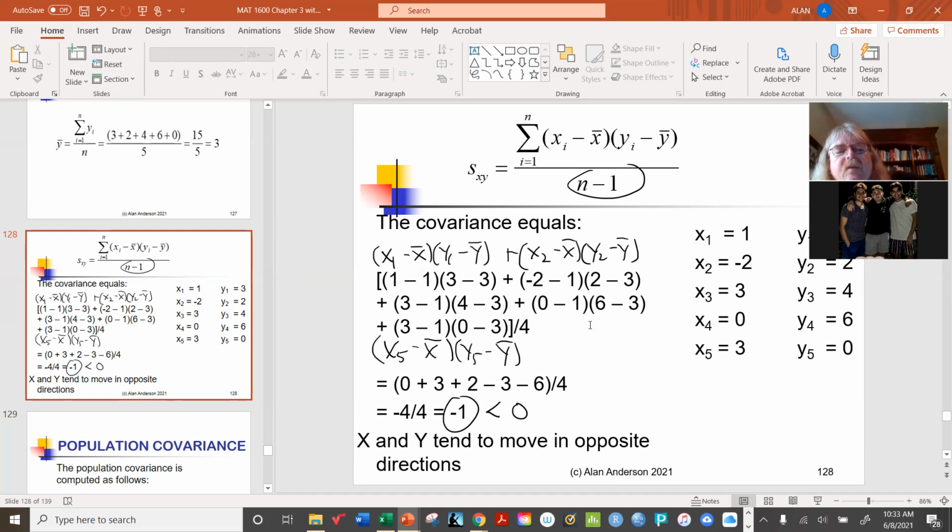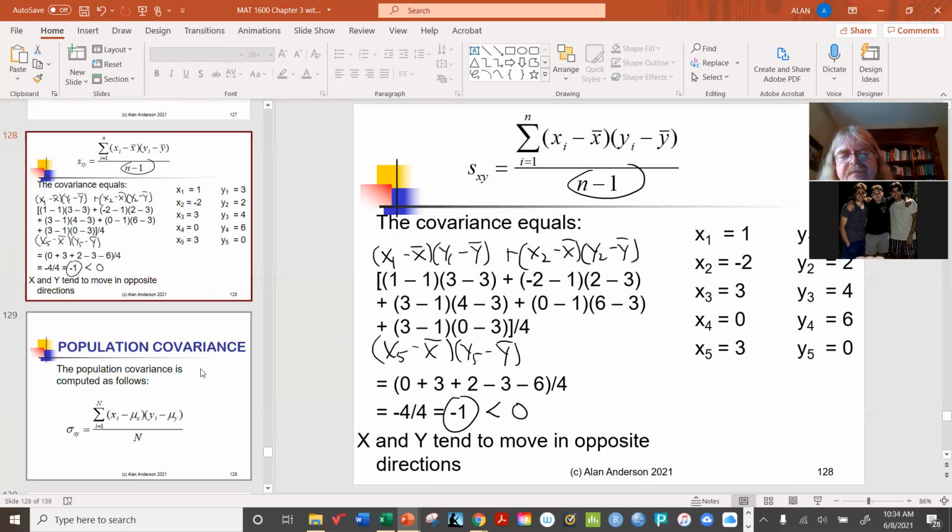Okay, now the problem, oh, by the way, I'll just quickly show you what the equivalent formula is for the population covariance, and then I'll start to tell you what are some of the drawbacks to the covariance measure.